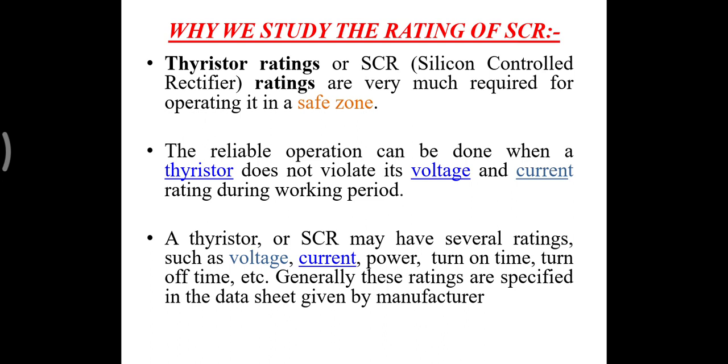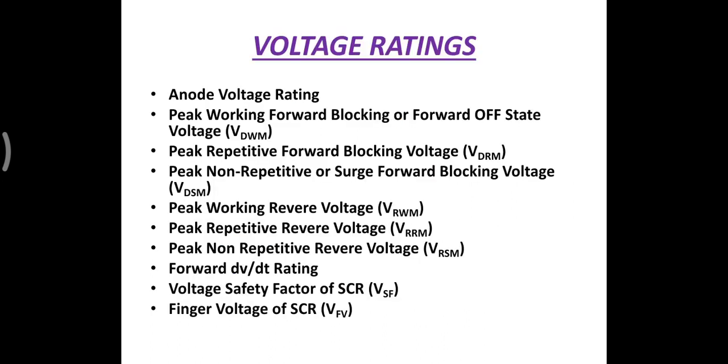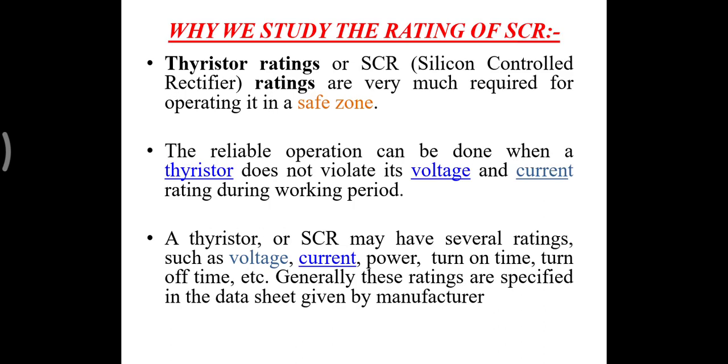So an SCR is rated with voltage rating, current rating, turn on time and turn off time rating, and power rating. These are the general specifications provided on the data sheet of the SCR.